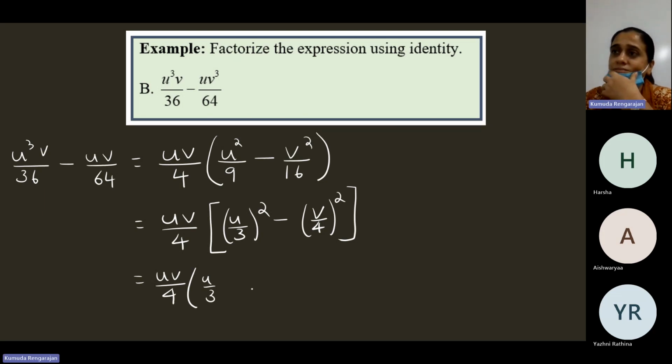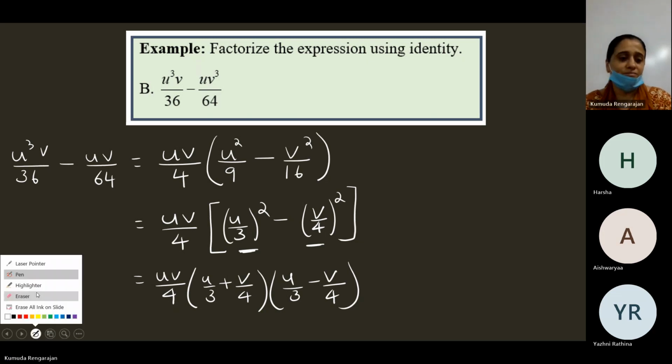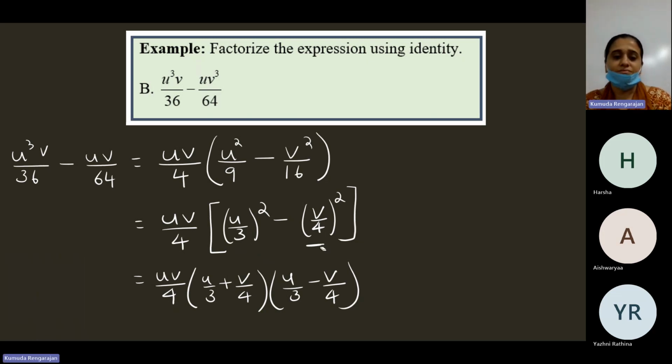A square minus B square is A plus B into A minus B. No, this is in the form A square minus B square, right? So the answer should be A plus B into A minus B.